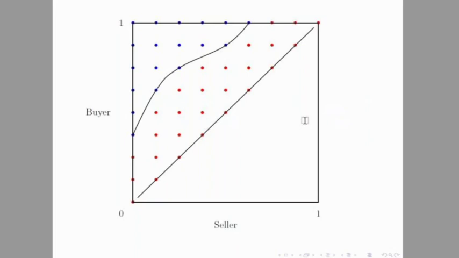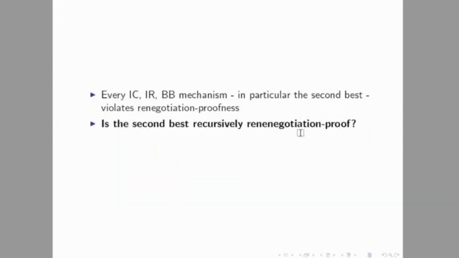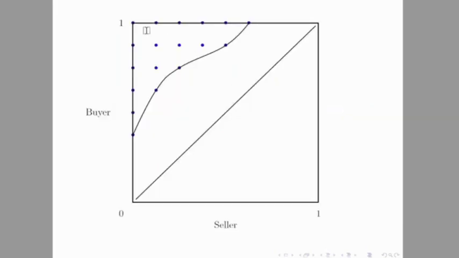So the question is, can we implement a mechanism where trade takes place only in the areas with the blue dots and not anywhere else?